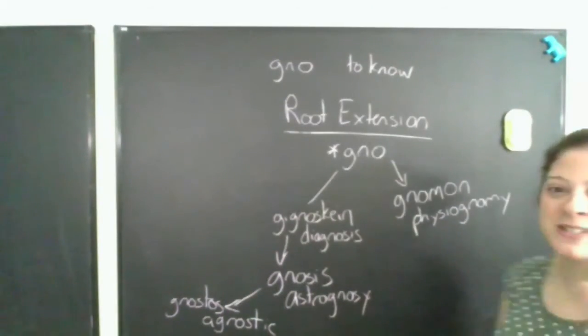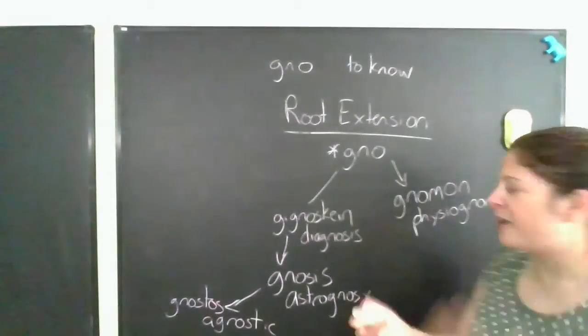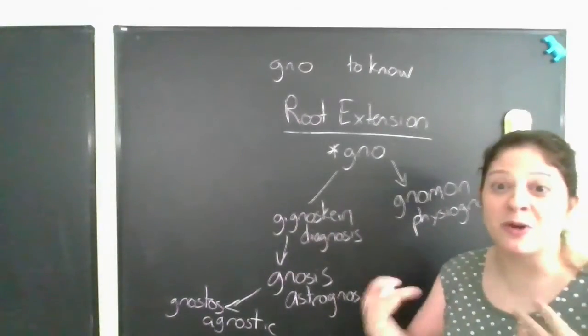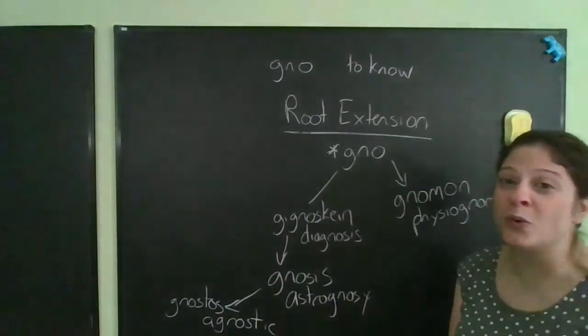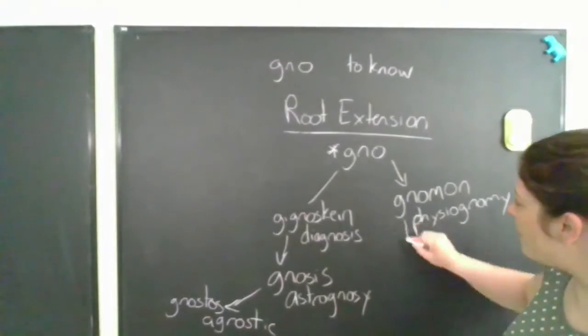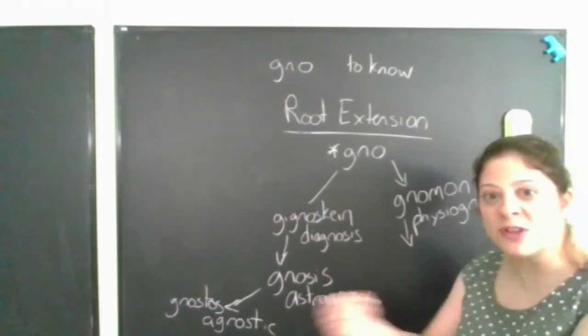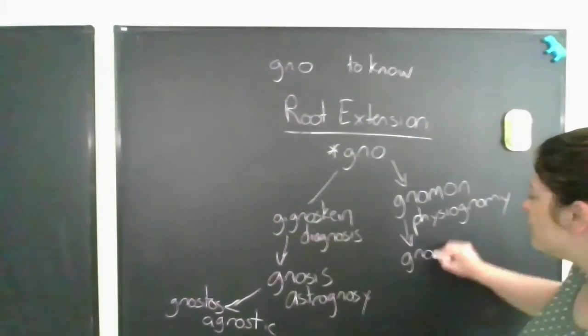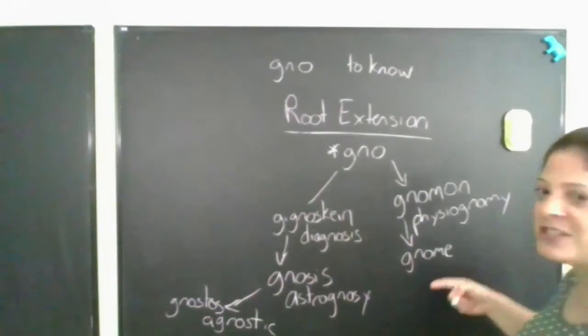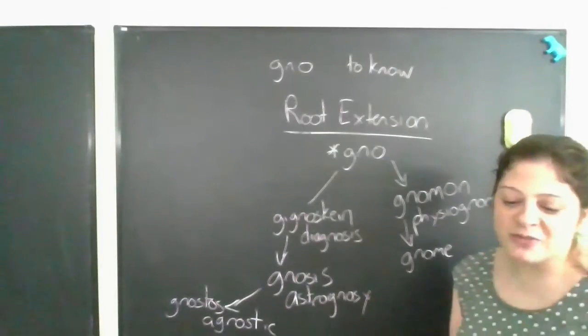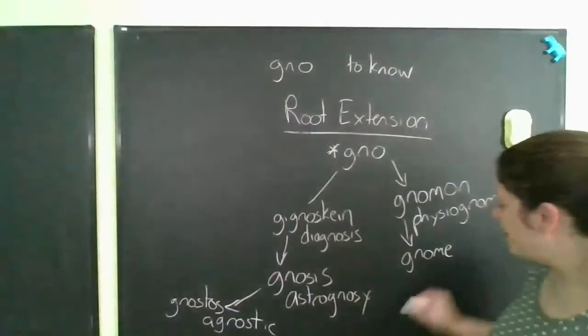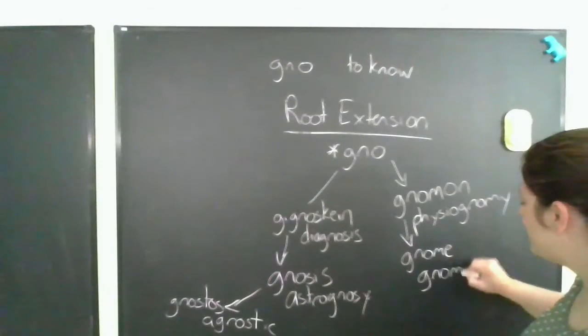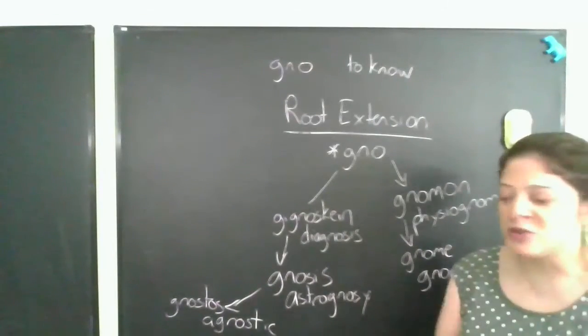I don't know if you've heard of this, but this is sort of the study of judging people's characters based on the shapes of their body, right? It's an old science. And from gnomon, they then derived a second related noun, gnome, which is a judgment, right? This is a judge, this is like a judgment, the result of the judge. And from that we get words like gnomic. A gnomic statement is one that sort of imparts wisdom.